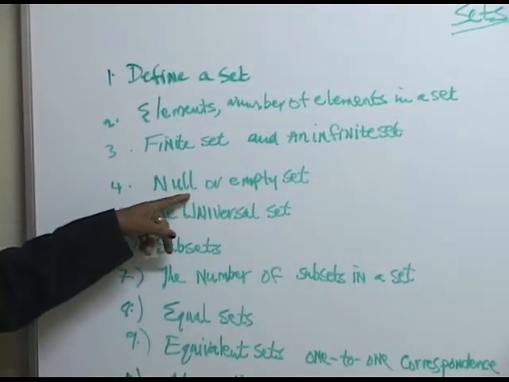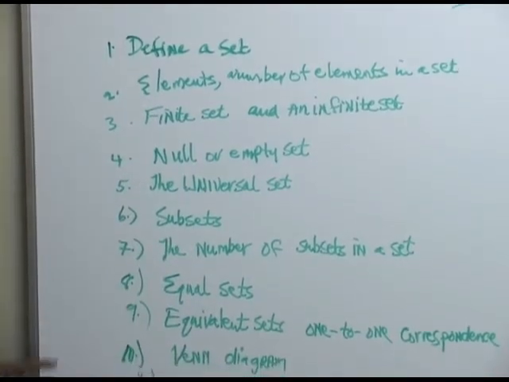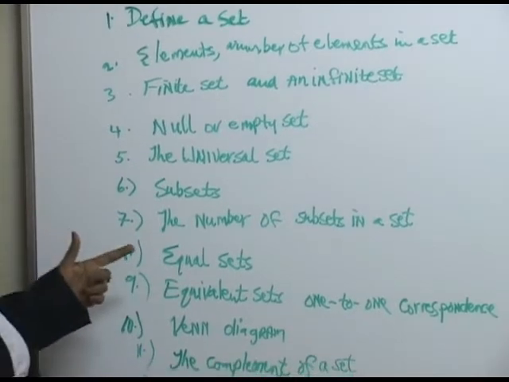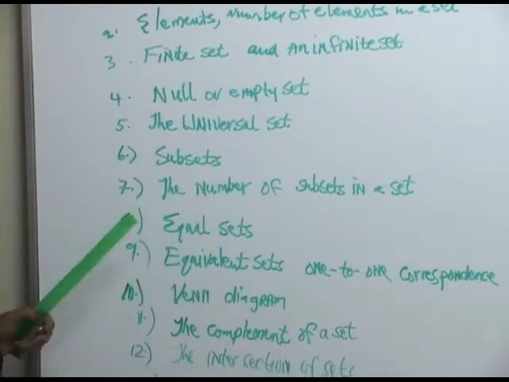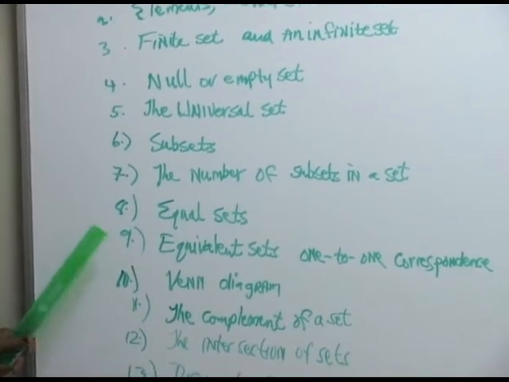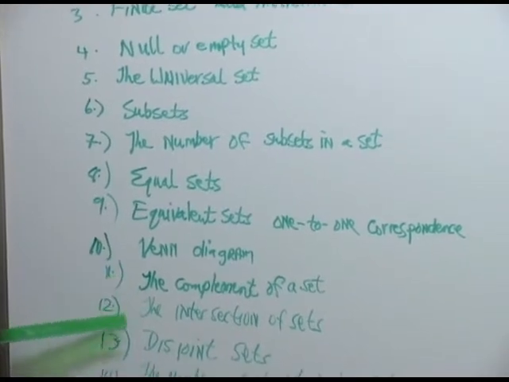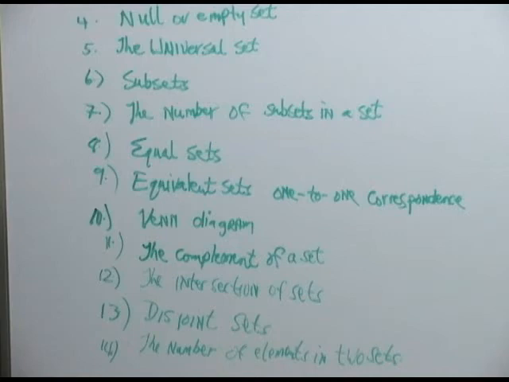Then you will see these terms: null or empty set, the universal set, subsets, the number of elements in a set. Then we can be talking about equal sets, equivalent sets, Venn diagram, the complement of a set, the intersection of sets, disjoint sets, the number of elements in two sets.